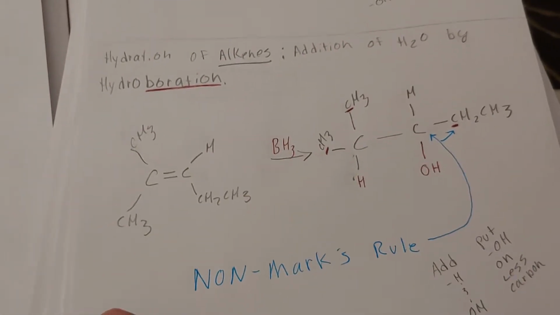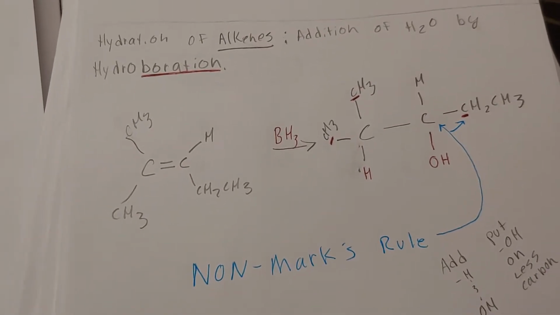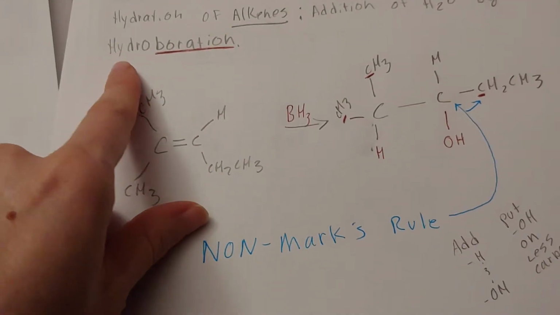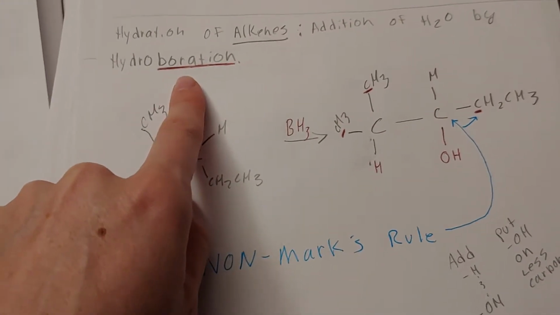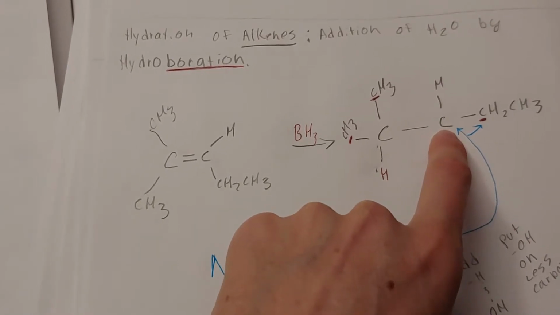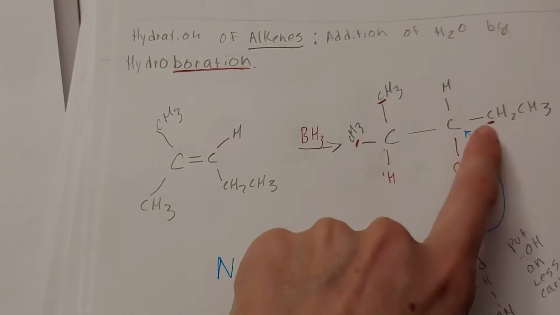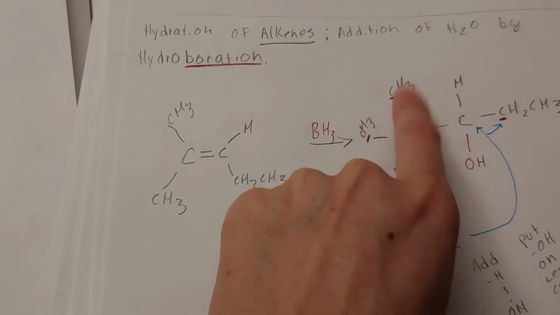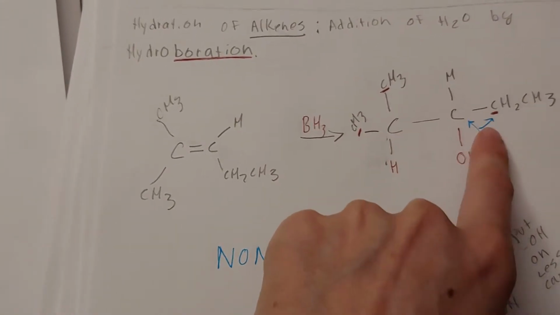Okay, moving on. So we have hydration of alkenes, addition of H2O by hydroboration. So what you need to remember is this is hydroboration. This is the secondary carbon. Oh wait, this would be 1, 2, 3, so this would be a tertiary carbon, but we're bored, so we're only going on the second carbon.